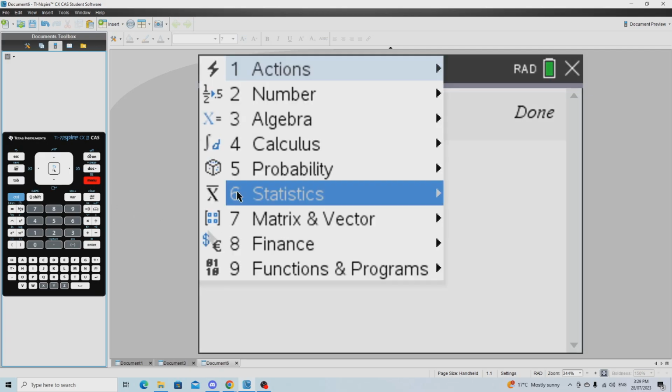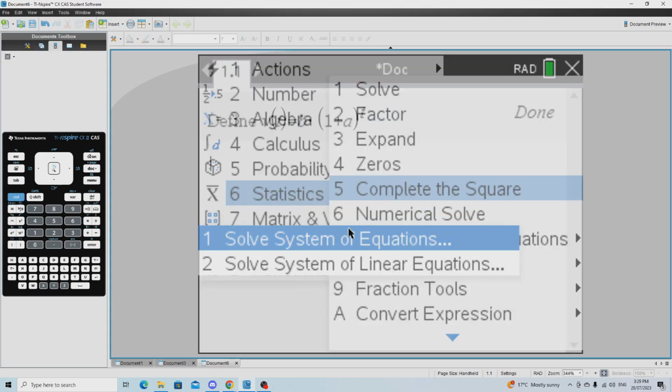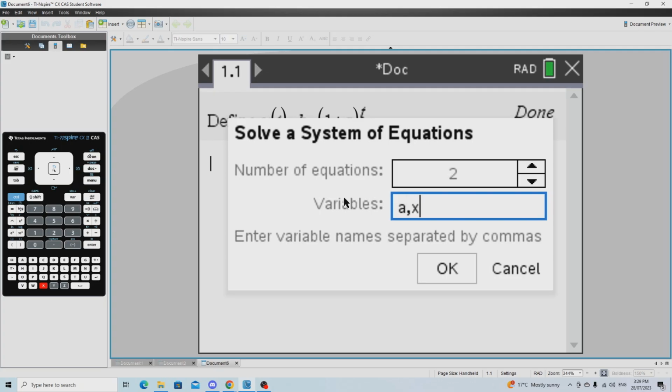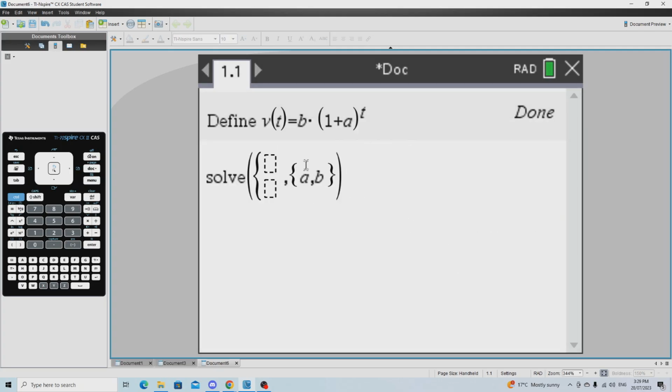So if I go to algebra, systems of equations, and we want to solve for A and B, we know that V of 10 is equal to 10,000, and V of 20 is equal to 20,000.